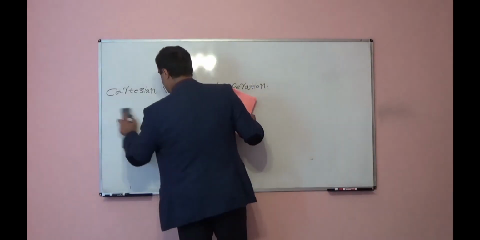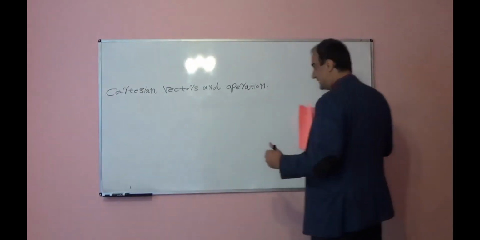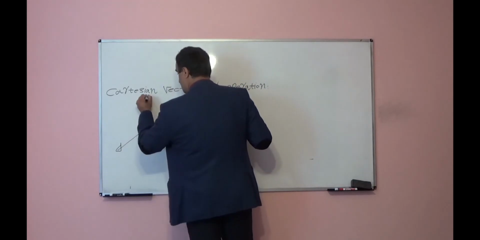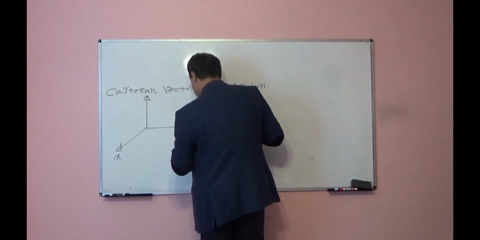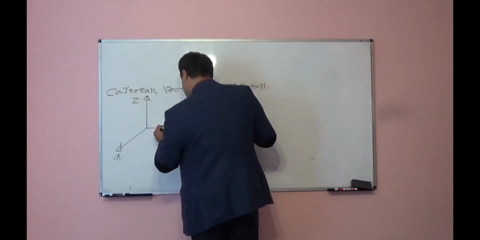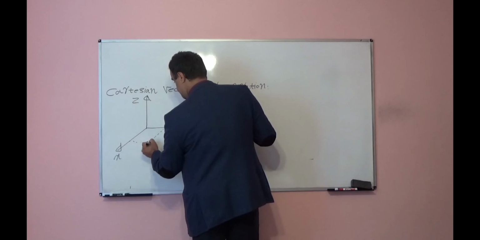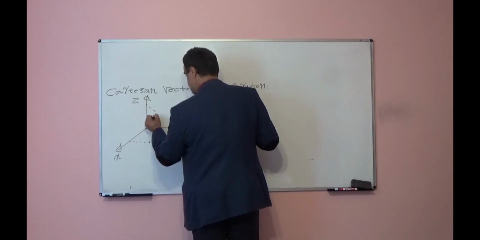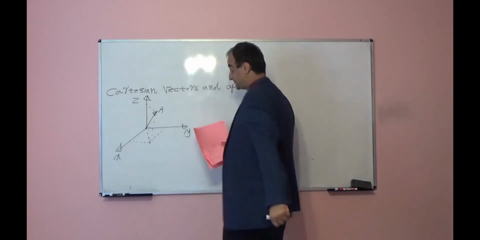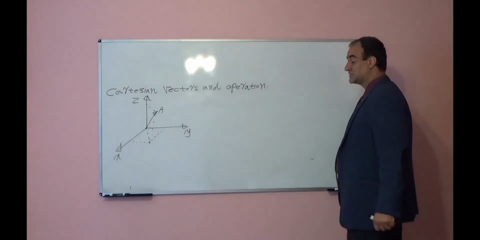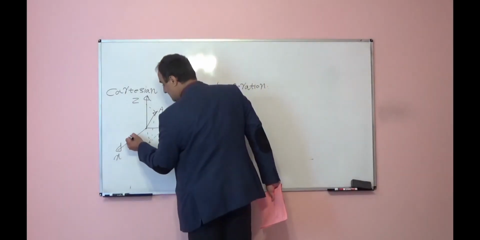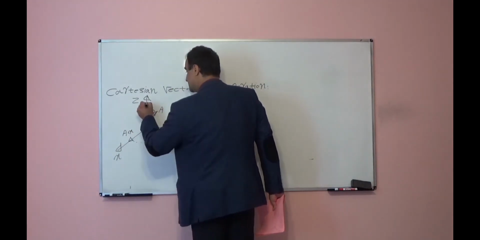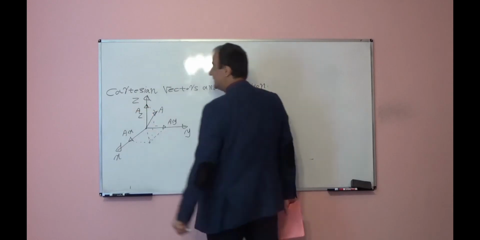So in the 3D system, in the 3D coordinate, x, y, z direction, this is vector A. We want to decompose vector A in the x direction, Ax, in the y direction, Ay, and in the z direction, Az.